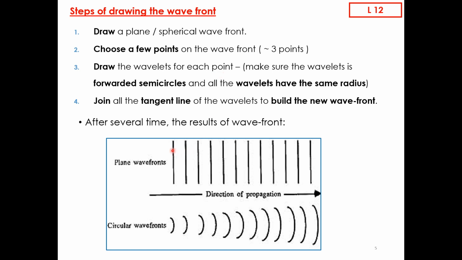Source 1 is a source for the new wavelet, then source 2 and source 3, sketching a new wavelet for each. From the tangent line, we can build the new wavefront. Step 4, join all the tangent lines of the wavelets to build the new wavefront after several times. This is the result for the plane wavefront, and we also have the circular wavefront. The direction of wave propagation is forward.